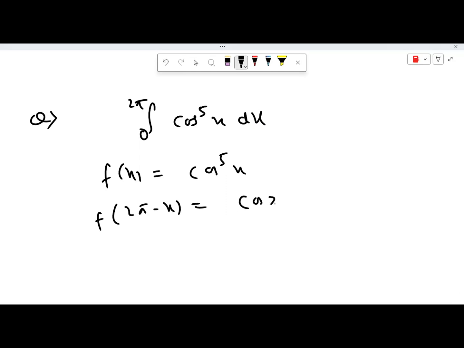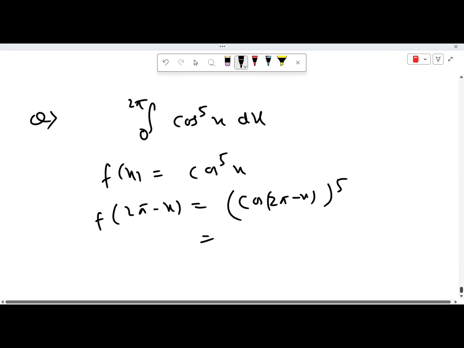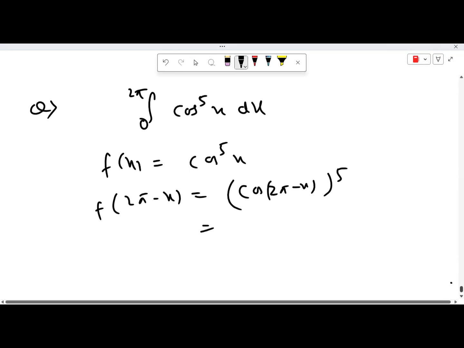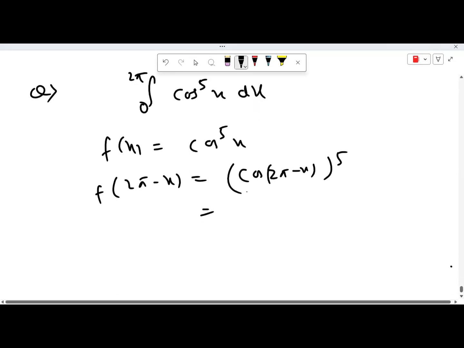So cos of 2 pi minus x to the power 5. Deborah, what is cos 2 pi minus theta? Cos 2 pi minus theta is cos theta itself. So it is cos x.